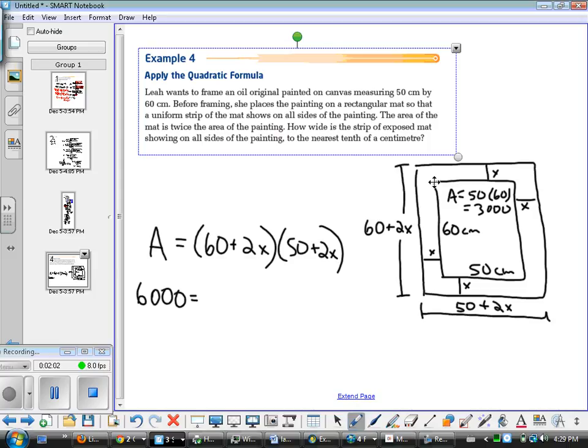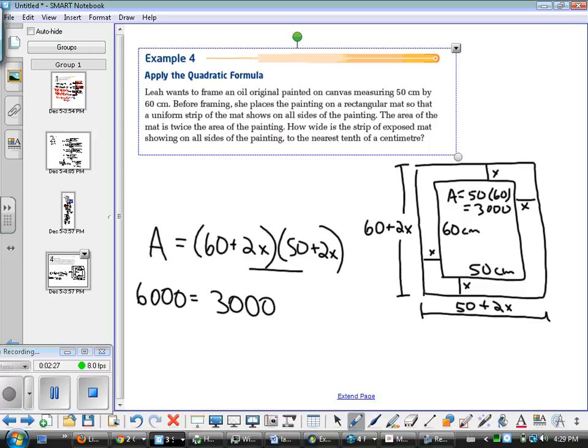Okay, so if I want to write this so that I can solve it as an equation, and since I don't have the 0 on one side, it doesn't matter that this is already factored. I'm going to have to expand it and work that 6,000 into it. So what I'm going to do is get this in ax squared plus bx plus c form, and then I'm going to see if it's something that I think I can factor. And if not, we'll see what happens.